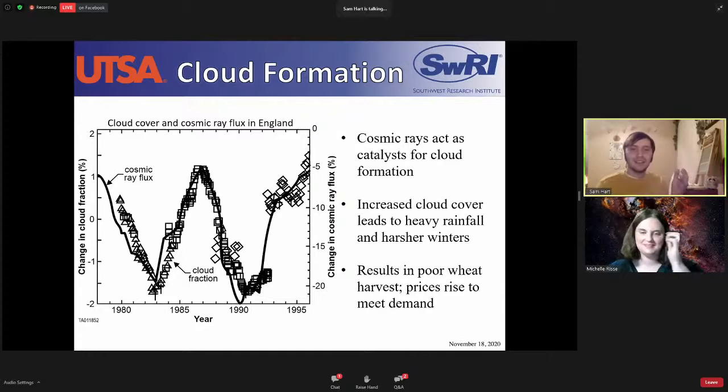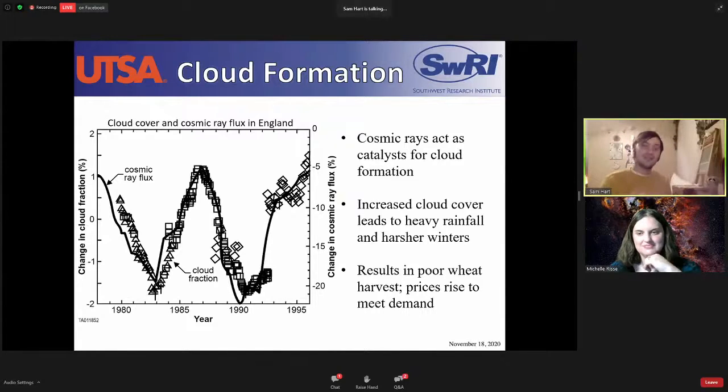And those solids in the air, basically the more you have, then the more the ice crystals can combine to those or attach to those. And so it makes it a lot easier for these ice crystals to pile up and start forming these big clouds that we see in the sky.